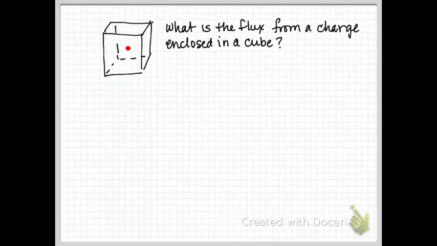And so our last one is kind of similar with the geometry. What's the flux from a charge enclosed in a cube? So we start off with that same equation. Flux is Q inside over epsilon naught. So whatever that charge is divided by epsilon naught is for the whole cube.